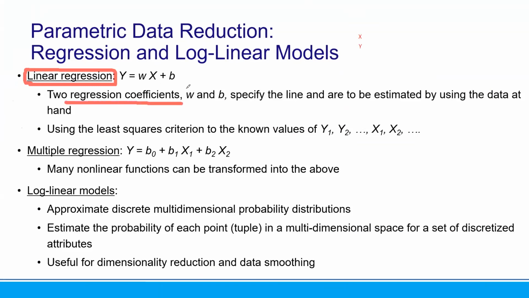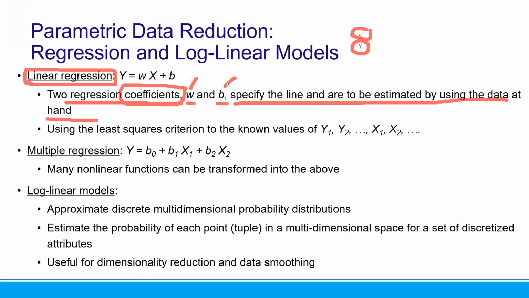Okay. And there will be coefficients. These coefficients, which are w and b, specify the line and are to be estimated by using the data at hand. So the data is x and the data is y, and w and b we need to calculate.